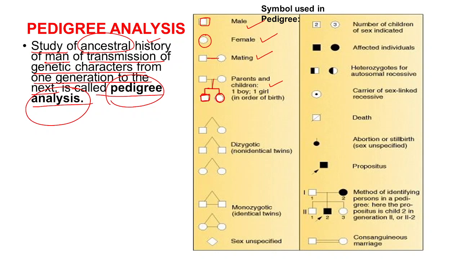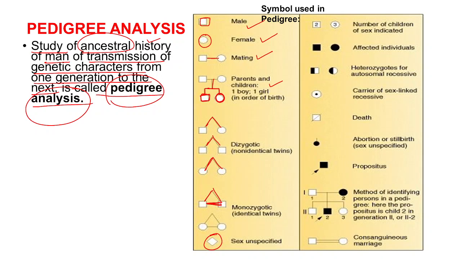If it is represented by a circle, then it is a female child, right. These are dizygotic twins, and here monozygotic twins, where you can find one line attaching them. And if you find the rhombus, it will be what? Sex unspecified, right?